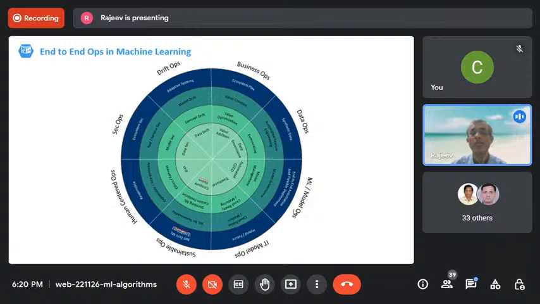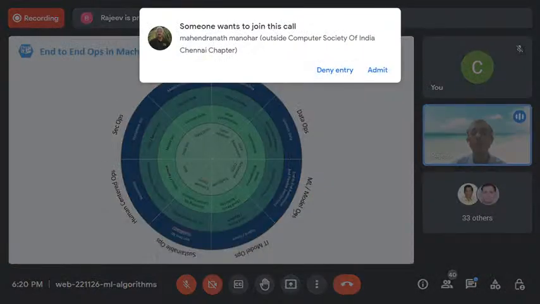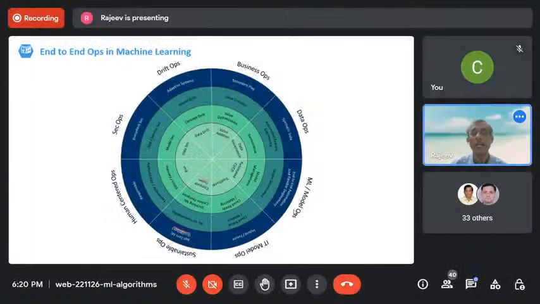Flexible deployments. There are different deployment models like canary deployment. Then concepts like A/B testing. A/B testing is a case where you have two models running in parallel in production. Your traffic is split in such a way that 50% goes to model A and 50% goes to model B, and you evaluate the models.